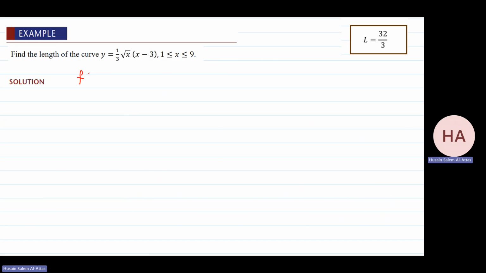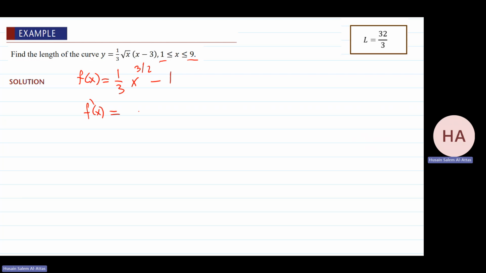The only thing is just the calculation. I have 1 over 3 x to the power 3 over 2 minus 1. Is it? Yeah, minus 1. This is the function. So you want to square it. And this is for a to b.